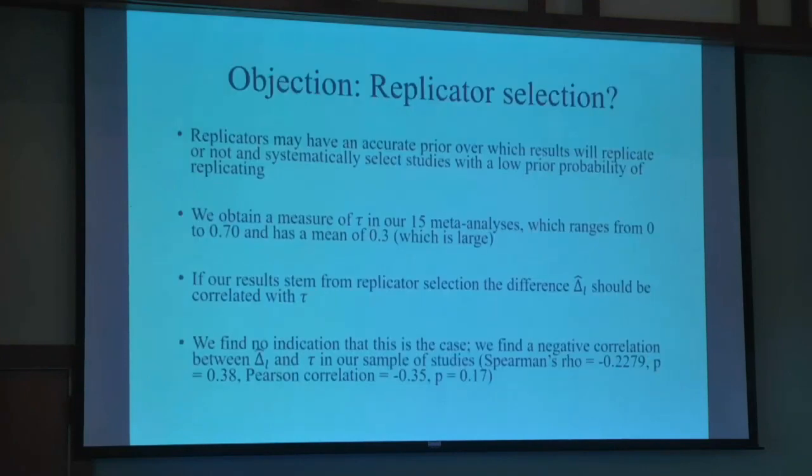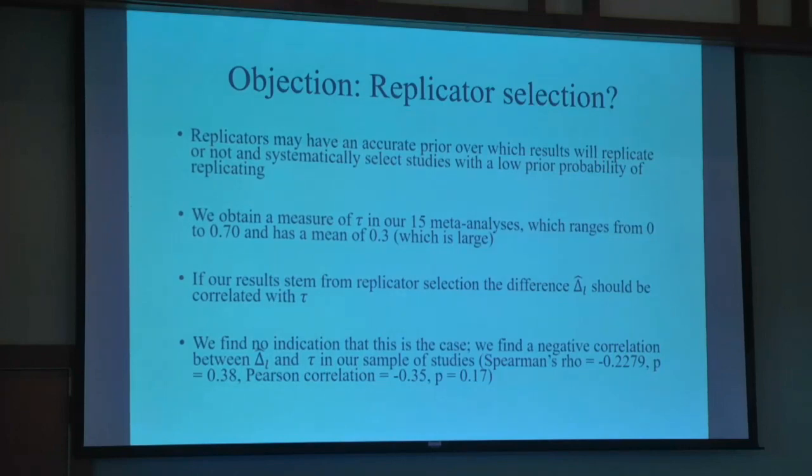One potential objection to the interpretation that we capture the degree of overestimation in the meta-analysis is that the meta-analysis typically consists of a variety of experimental designs, so there's a lot of heterogeneity, whereas the replication typically focuses on only a single design.